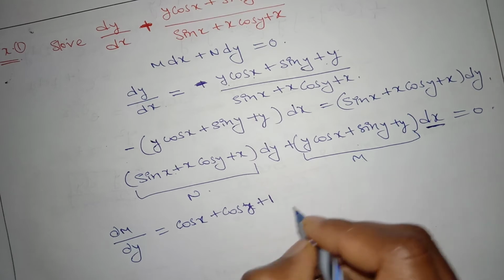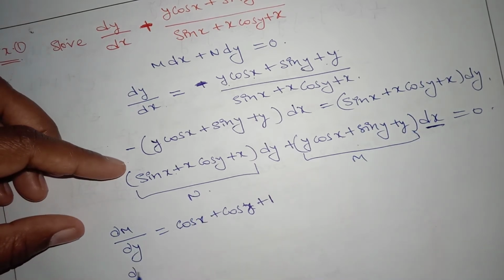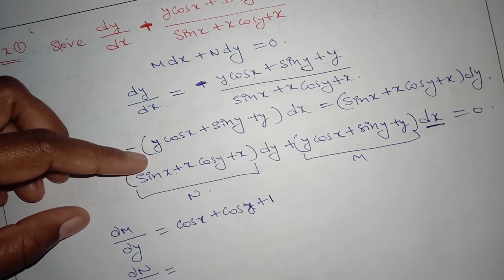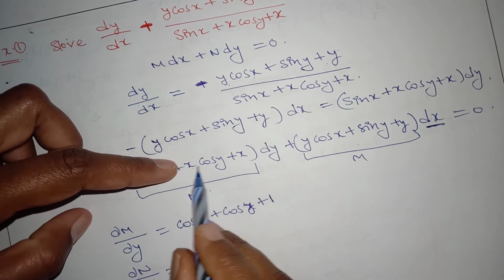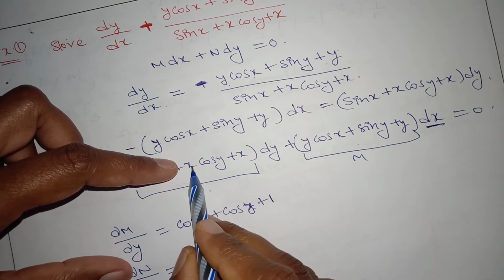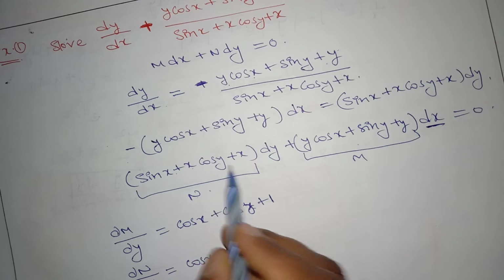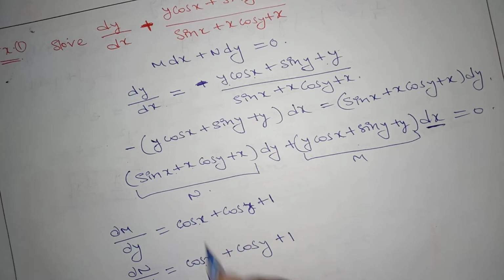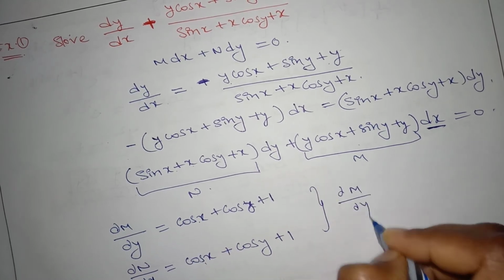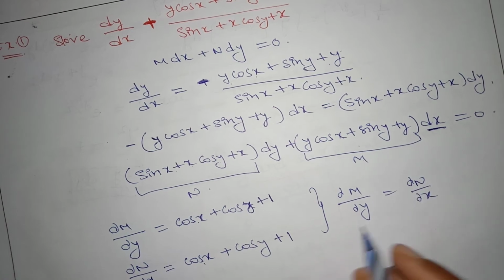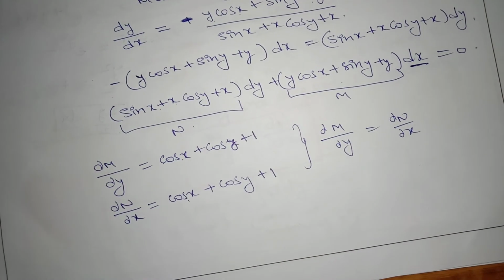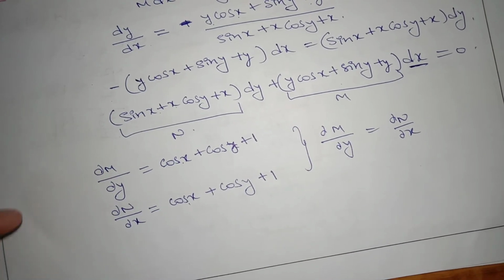Now check for N. Dou N by dou x: differentiation of sin x with respect to x is cos x, plus differentiation of x cos y with respect to x, which is cos y, plus differentiation of x, which is 1. So both these are equal. Dou M by dou y is equal to dou N by dou x. Then this equation is said to be an exact differential equation. Now we can find the solution for the given equation.